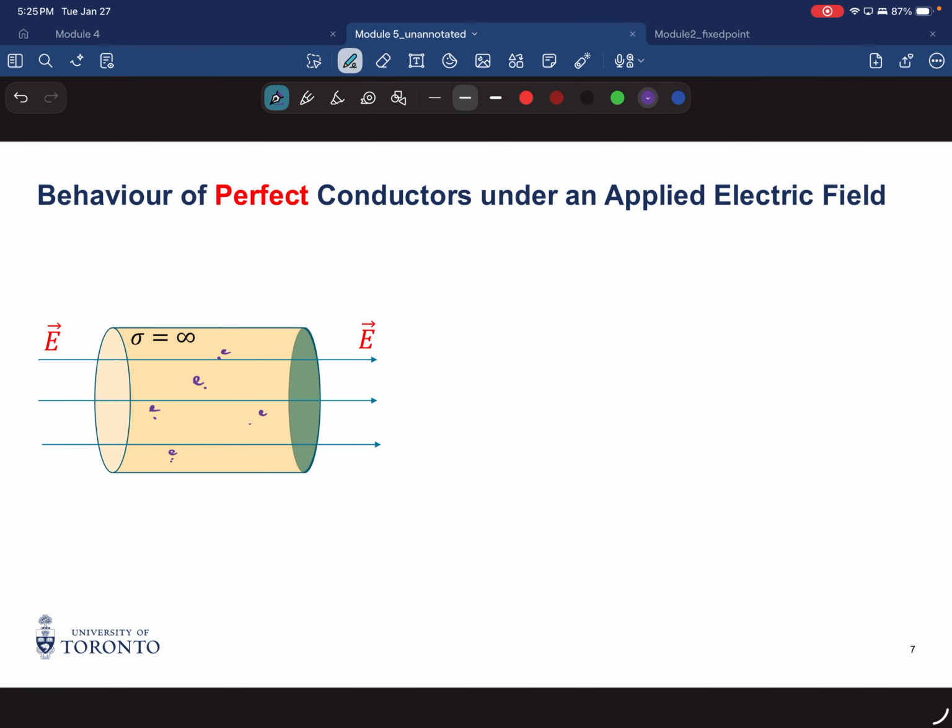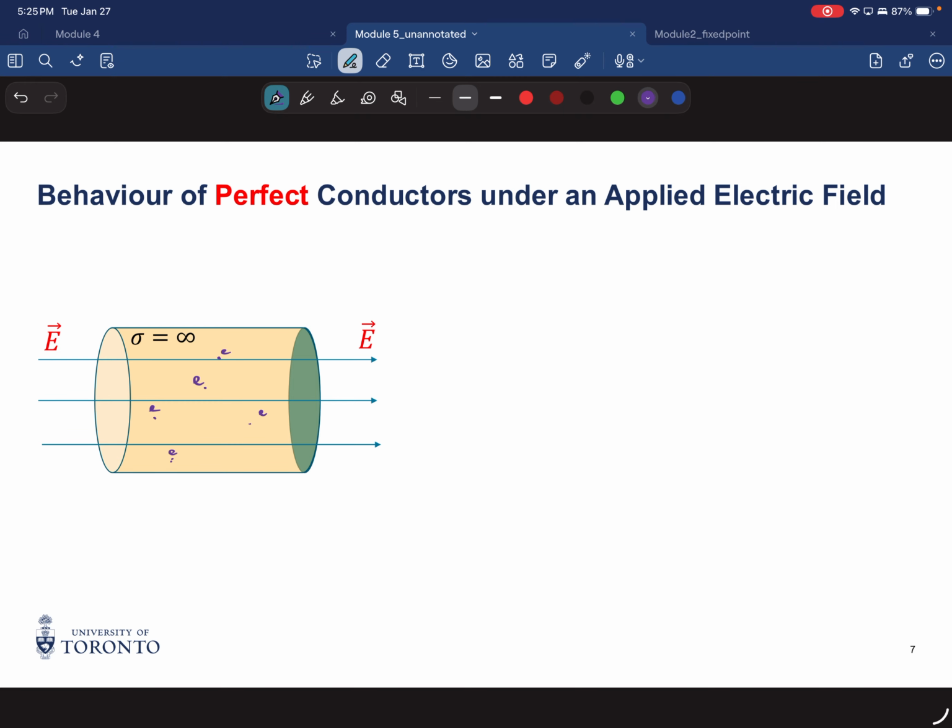Now, as soon as you apply that external electric field, what happens to these electrons? How do they feel? What do they feel? Yes, go ahead. Like a force in the opposite direction of the field.